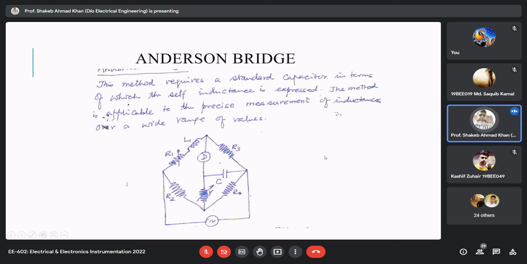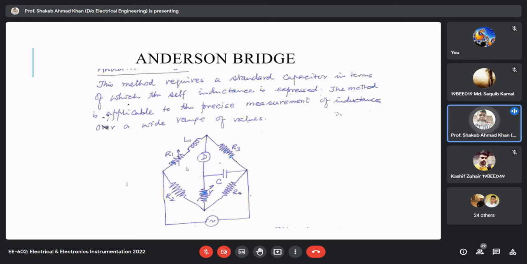A few attributes I'll try to explain at the onset: you can see that these two resistances are taken as variable resistances. In other bridges, whether Maxwell's bridge, Hayes bridge or Owens bridge, in all the bridges we have discussed till now, inductance or capacitance is taken as the variable component.